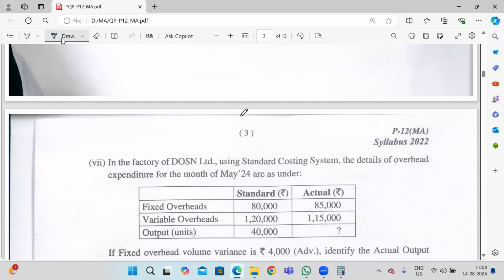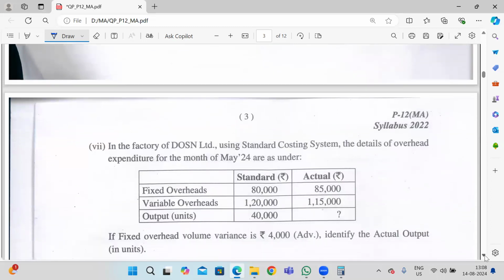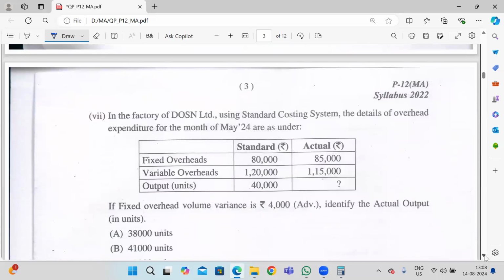Then in the factory of DOSN, using the standard costing system, the details of overhead expenditure are given: standard fixed overheads, actual fixed overheads, variable overheads, actual variable overheads, output and standard. Actual output they have not given, so we need to calculate the actual output. They have given the fixed overhead volume variance. Usually, how do I calculate fixed overhead volume variance?